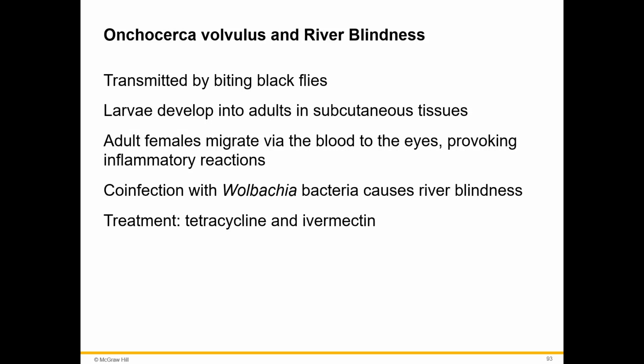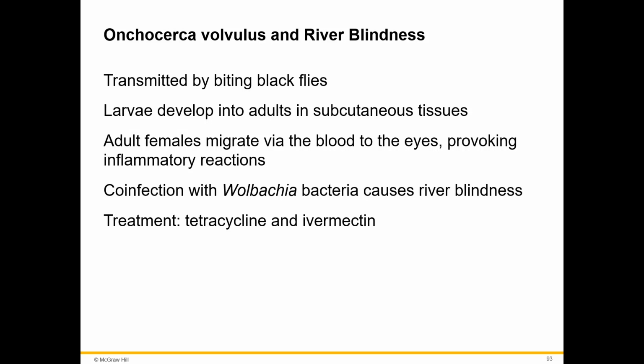These will cause inflammatory reactions, your body trying to prevent this worm from going there. Your body's trying to do its best, so it's causing an inflammatory response. However, that's no good, because when it does that, you get blindness of the eye, because all this inflammation is going on.